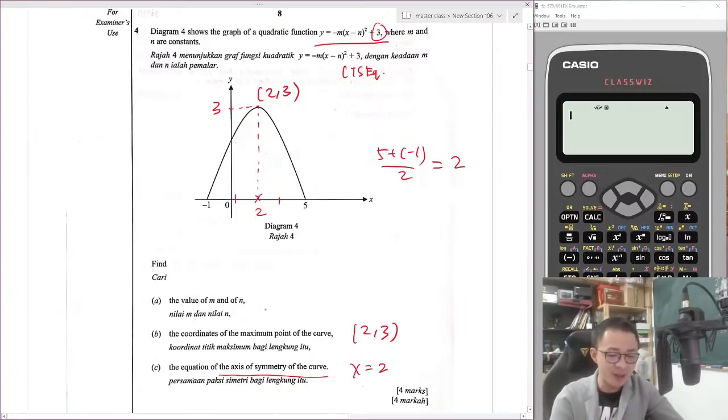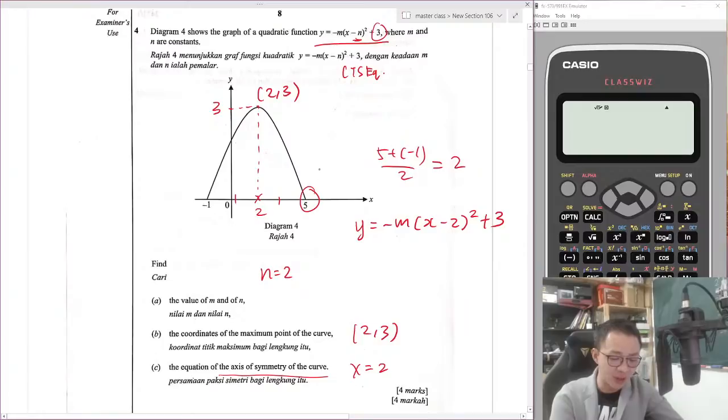In order to find m and n, we know that n is basically the maximum x value here. So obviously we know n equals 2 because I already got a 2 here. M you need to sub into the equation. You need to sub the coordinate into the equation. Let's say I sub this one. So y equals negative m (x minus 2) squared plus 3.